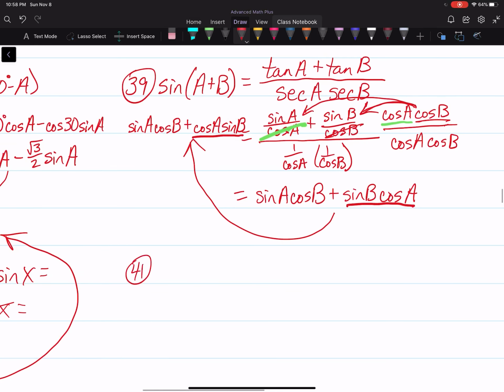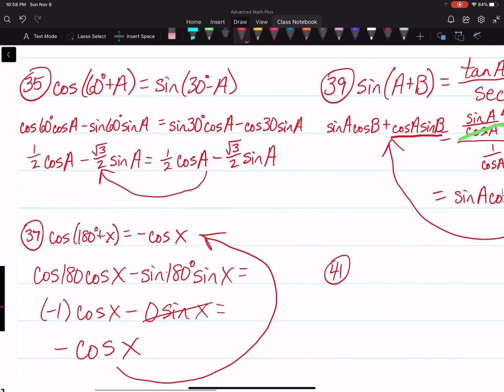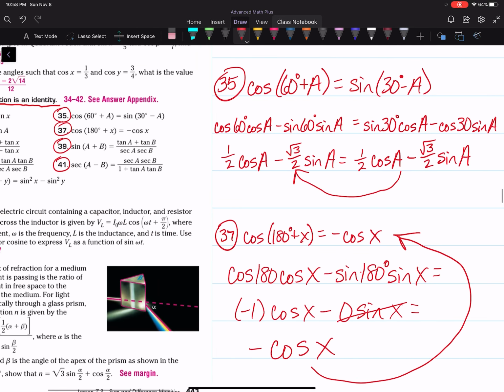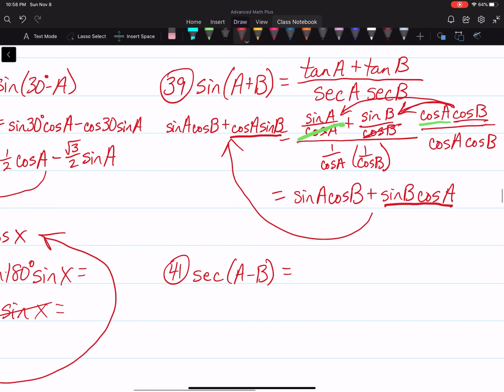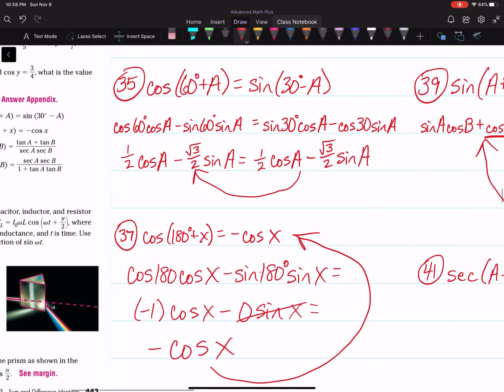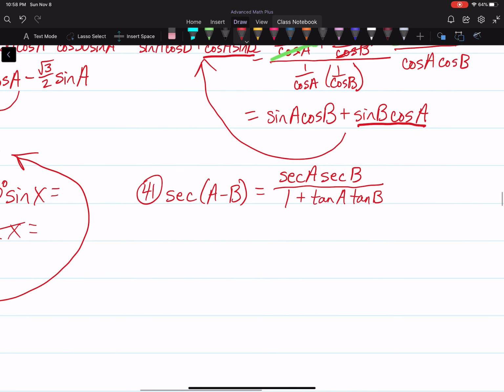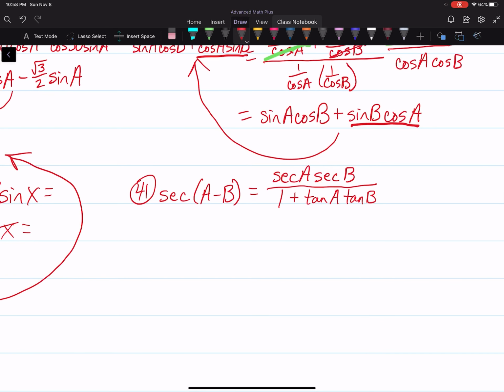And the last one we'll do for us today, 41, says secant of A minus B equals secant A, secant B on top divided by 1 plus tangent A, tangent B. So let's see here. I'm going to do this top here again on the right.